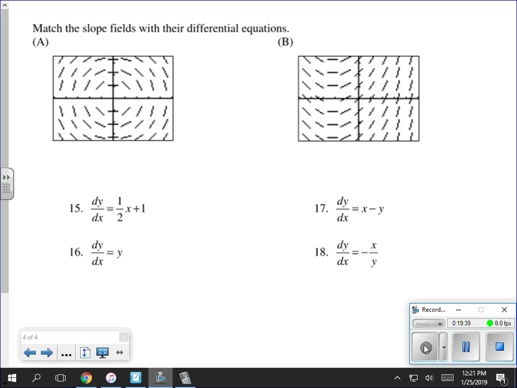Wherever they're the same, I take x divided by y. When they're the same value, I get -1. When they're opposite values, I divide and I get +1. That's what this one is.